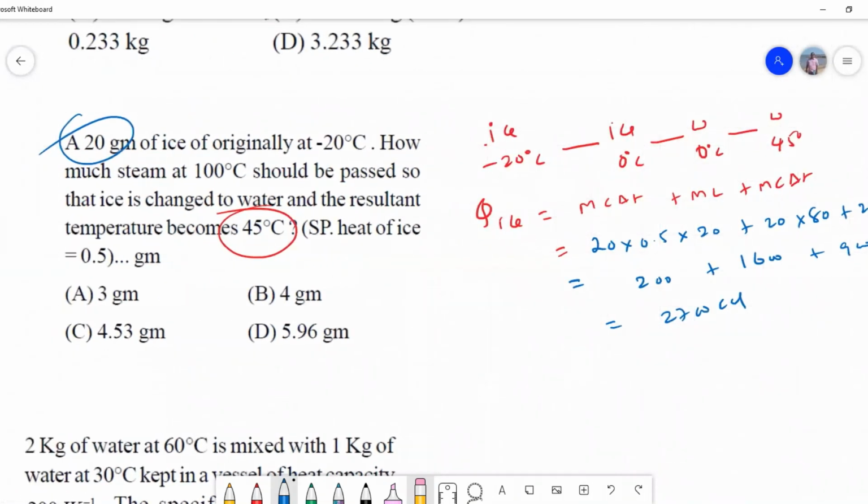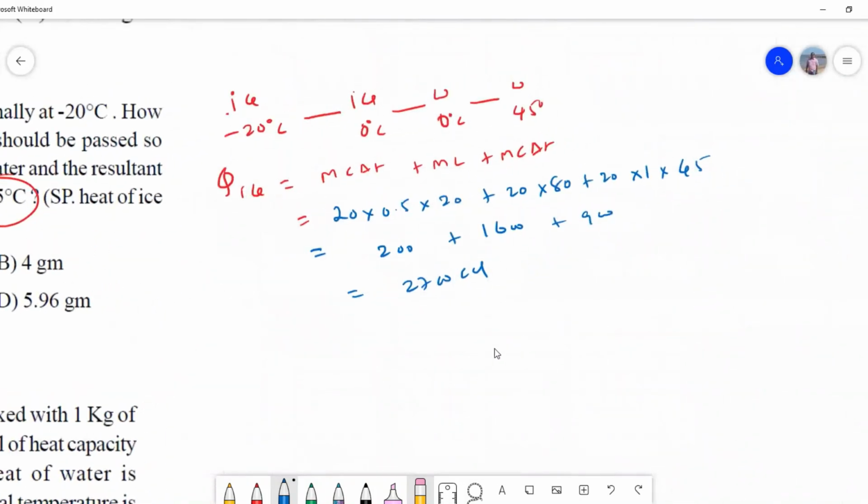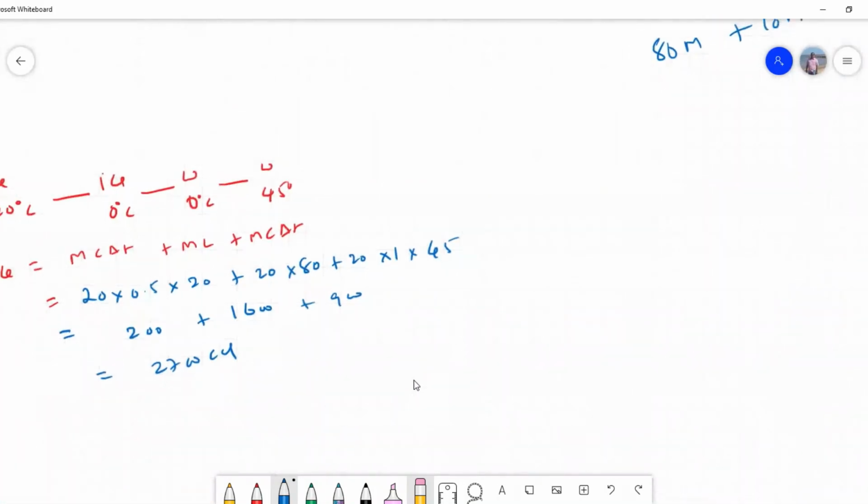Now the question is, how much steam you need to pass so that the temperature becomes 45. So let us calculate heat lost by steam. Again, steam at 100 becomes water at 100. This water at 100 becomes water at 45.